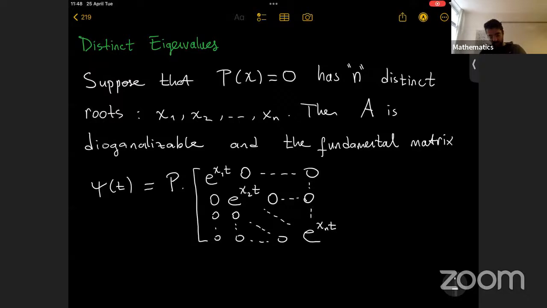Like that, okay? And the columns of this fundamental matrix will give you linearly independent solutions, right?